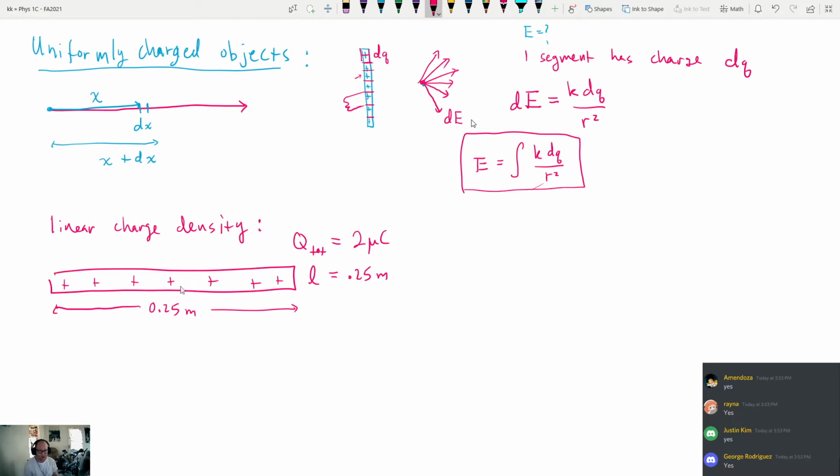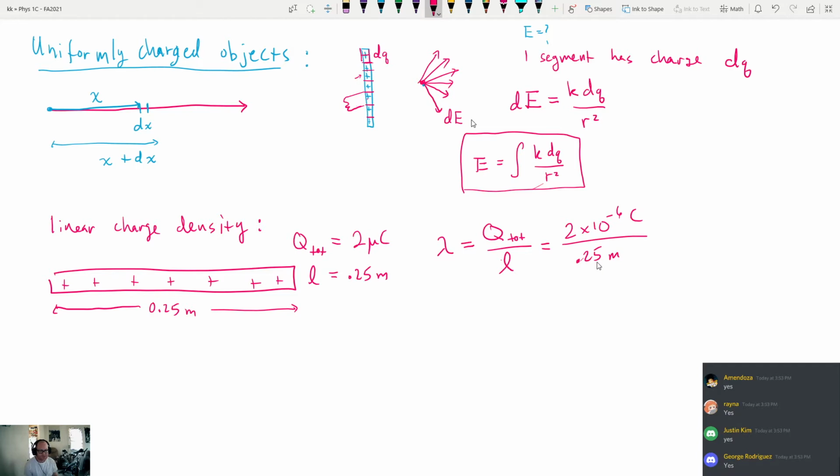Then I can define a quantity called linear charge density, right? I'm going to use the symbol lambda. This is linear charge density. It is going to be equal to the total charge divided by the length. In this case, that would be 2 times 10 to the negative 6 coulombs divided by 0.25 meters.